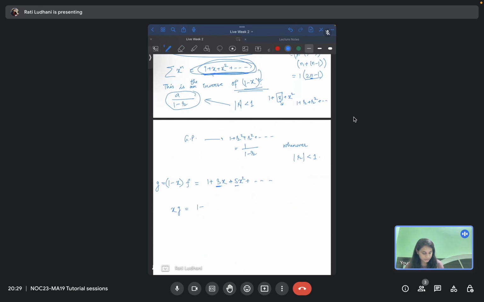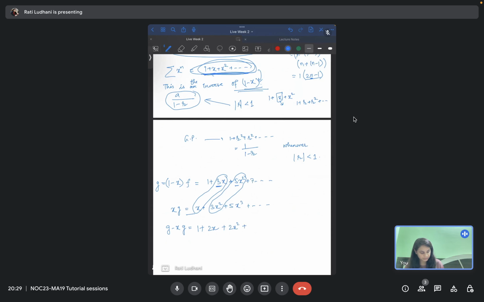You'll get x plus 3x square plus 5x cube. Okay, now you subtract this. So when you subtract, 1 will stay like this. Now you have 3x minus x is 2x. 5x square minus 3x square is 2x square.